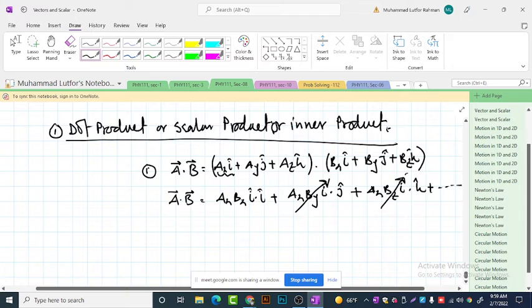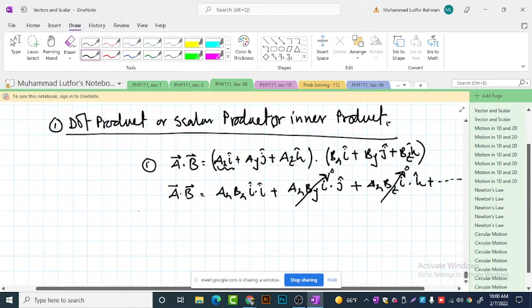It will cancel out those components. Then a dot b would be ax bx plus ay by plus az bz. So this is the dot product of these vectors. You can find it in that way.